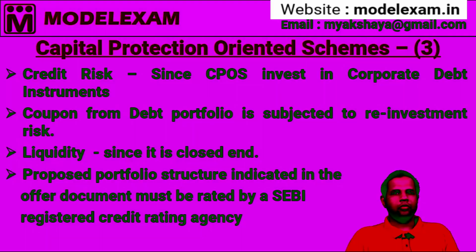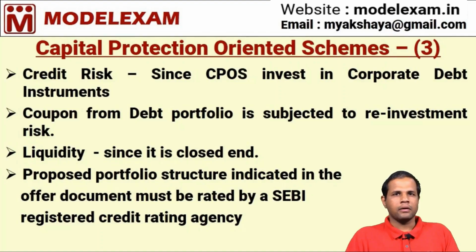In the earlier video, we assumed that CPOS invest in government securities. However, in reality, the fund manager may invest in corporate debentures also. In such a case, the portfolio shall be subjected to credit risk or default risk. That is, the issuers may not repay the principal or they may not pay the interest in a timely manner. So this will affect the capital protection.